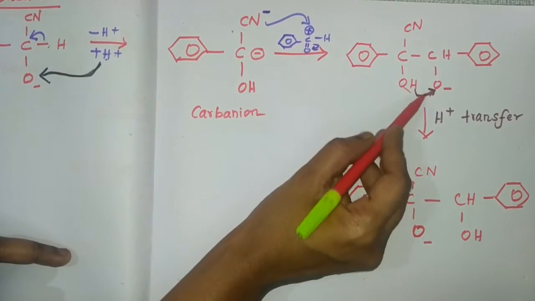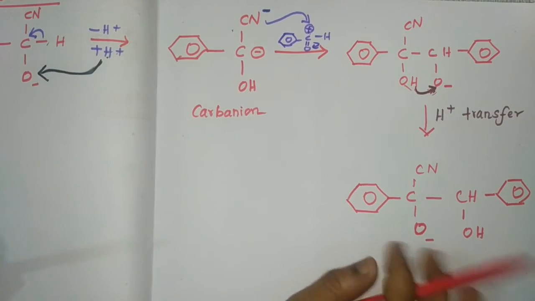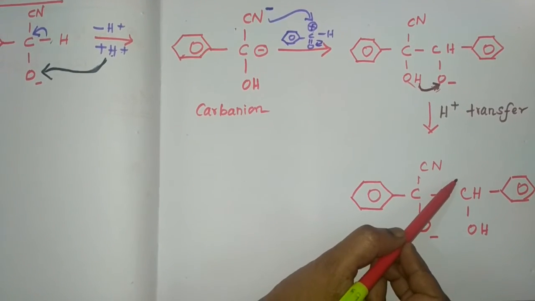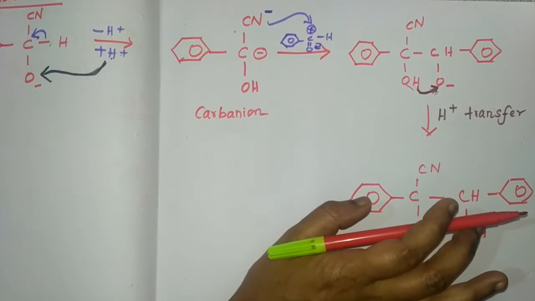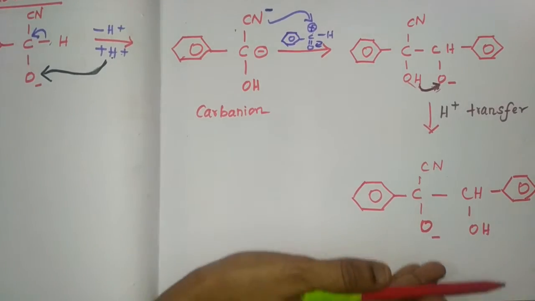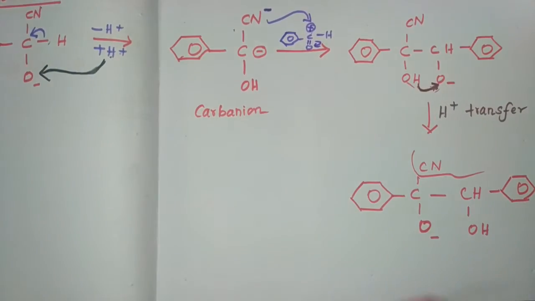So here I have shown the transfer of H from here to here. Clear? And next, this CN acts as a leaving group. It will take the electrons and it will get removed.